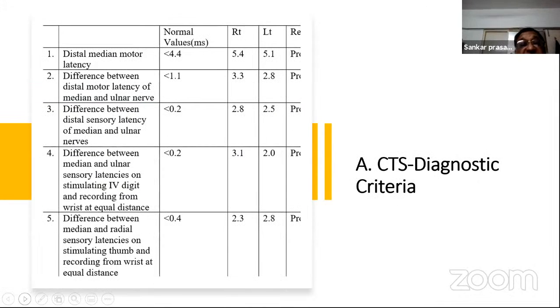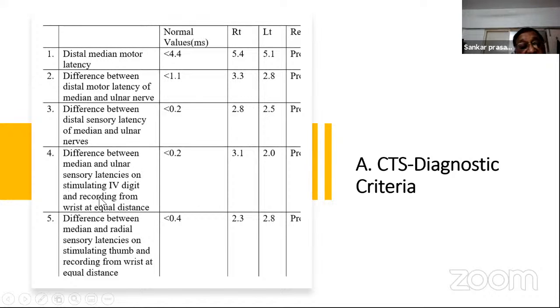Okay, this is what we follow as the diagnostic criteria of CTS. You do a distal motor latency, it should be less than 4.4. Difference between distal motor latency of median and ulnar nerves should be less than 1.1. Difference between distal sensory latency of median and ulnar nerves should be less than 0.2.